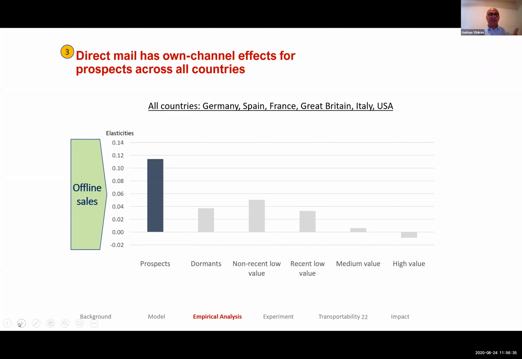Remember what I said at the beginning when I introduced the company: L'Occitane used to send this expensive marketing campaign, catalogs and direct mails, to its most expensive customers, high value customers. But our finding suggested exactly the opposite. You should send direct mail campaigns only to prospects across all countries. Let's move, Marie.